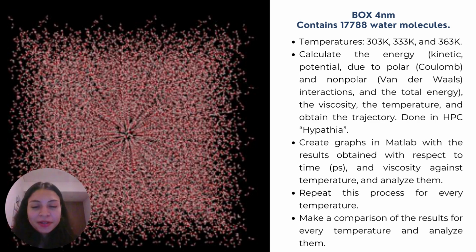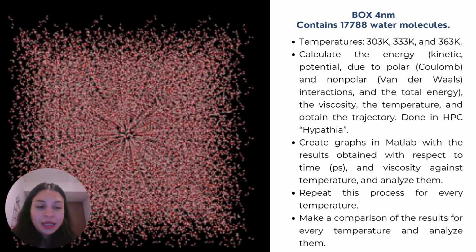In this case, we're using a box of 4 nanometers at three different temperatures, which are 303, 333, and 363 Kelvin. And thanks to the molecular dynamics, we can calculate the kinetic energy, the potential energy, the energy related to the polar and nonpolar interactions.